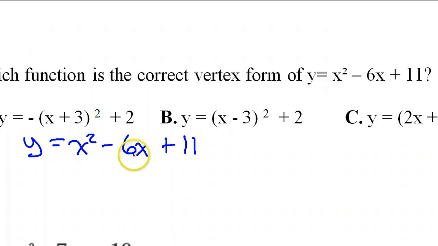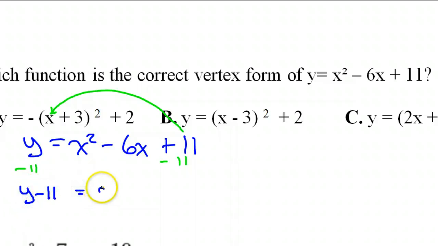To build vertex form, you complete the square. When I say complete the square, I'm talking about half the middle, squared, and all that. So this 11 has to go. I need to move it to the other side. I'm going to subtract 11 from both sides. That gives me y minus 11 is equal to x squared minus 6x.